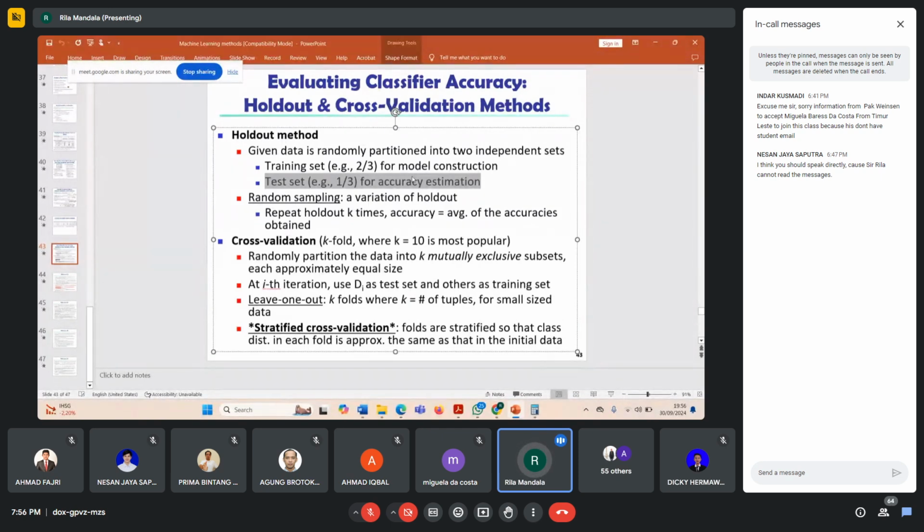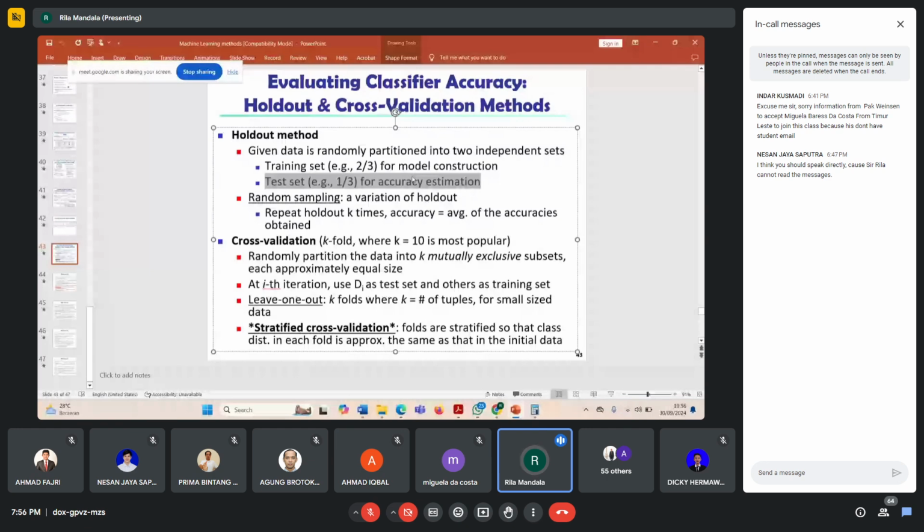If we have 1,000 data, for example 800 is the training data and 200 is the testing data. It is chosen randomly, not document 1 until 800 as training data and document 801 until 1,000 as testing data.